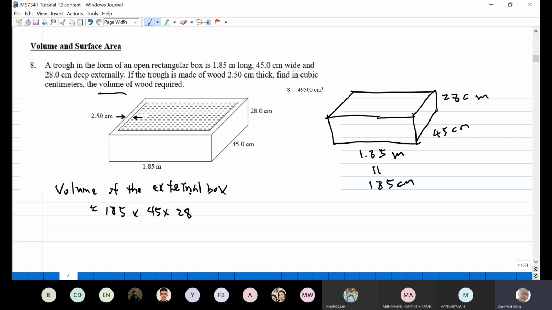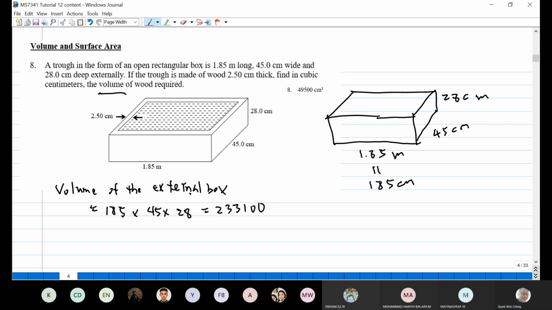Something wrong there. My calculator. Okay, good. So 185 times 45 times 28 is a big number, 233,100. Okay, this is a big volume.